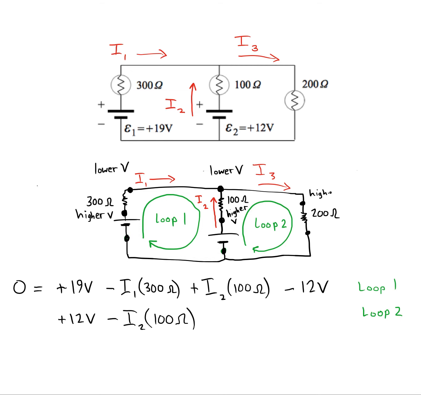This one is at the higher potential, because current will flow from high potential to low potential. So we'll subtract I3 times 200 ohms, and that brings us back to where we started. So that completes our loop 2.